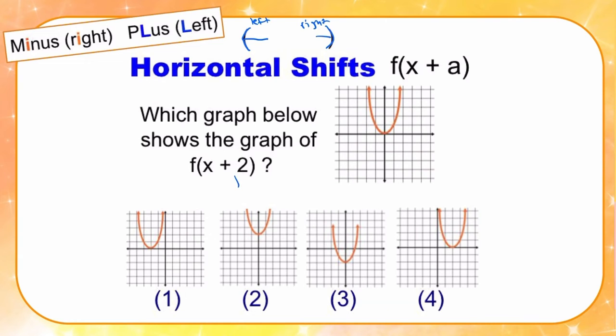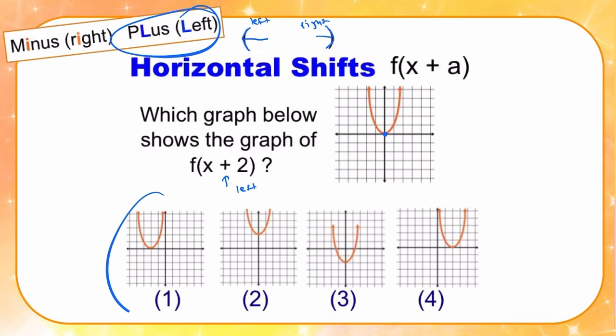So if you see a number inside parentheses, that's going to be either left or right. And then you can use this little cheat sheet to tell you which direction. So it looks like we have an original parent function there. Your vertex is at the origin. So which choice would show x plus 2, keeping in mind that a plus sign means we went to the left?